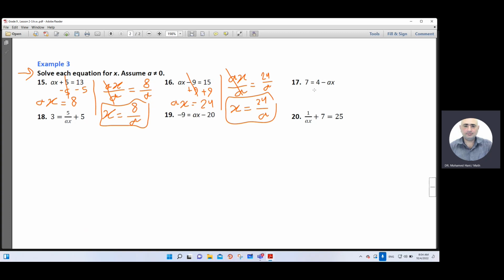In number 17, the same idea. At first, we want to remove 4. So add the inverse. What is the inverse of 4? Negative 4. So add negative 4 to the two sides, negative 4 here and negative 4 here. So plus 4 and minus 4 will be 0. 7 minus 4 will be 3 equals negative ax.